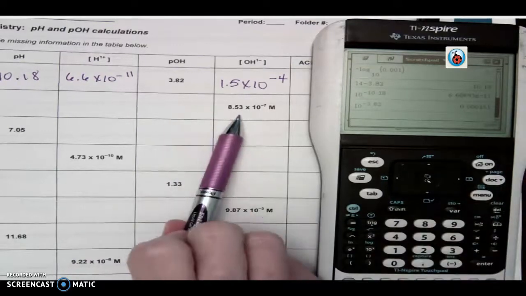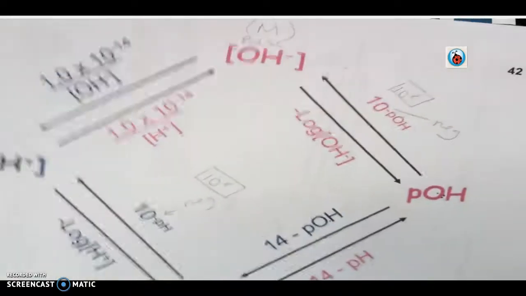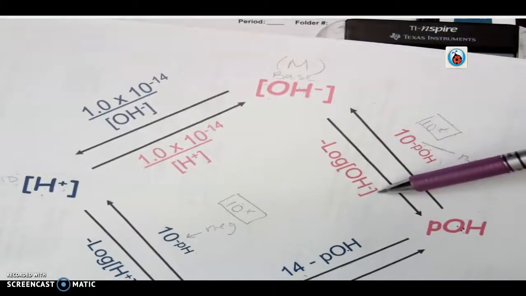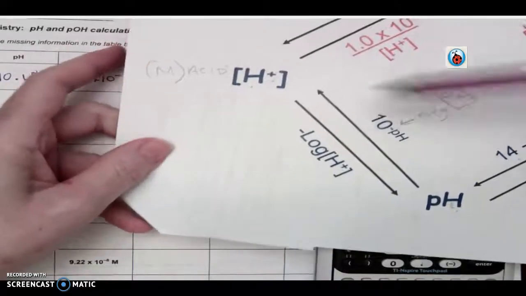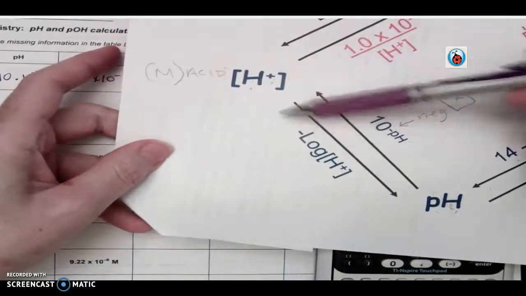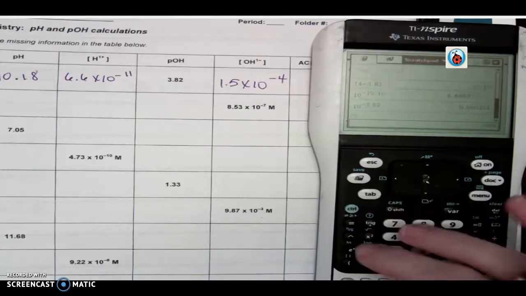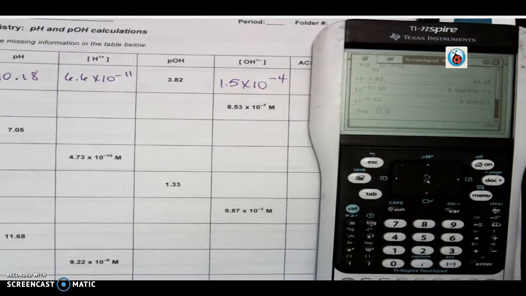Okay, what if though we know the OH and we want to know pOH? What are we going to do? Okay, we're going to take the negative log of that number. Same thing here. If I know the hydrogen concentration, I want the pH, negative log of that number. So let's do that. We're going to take the negative log of our number. So let's put in negative, control, log, arrow over into our box.